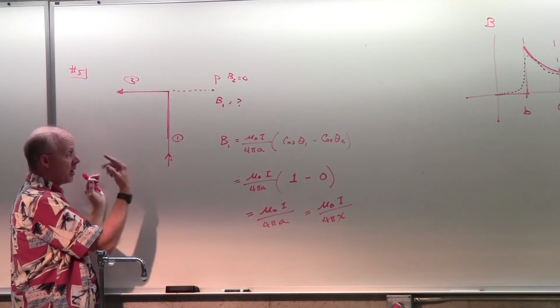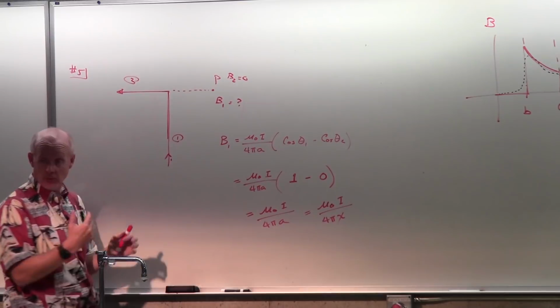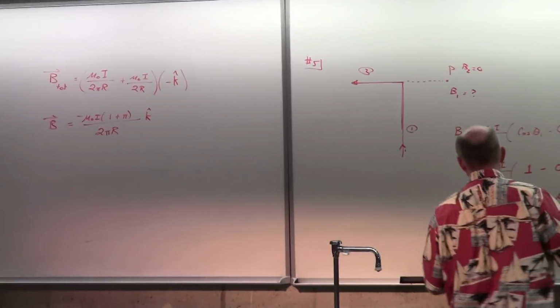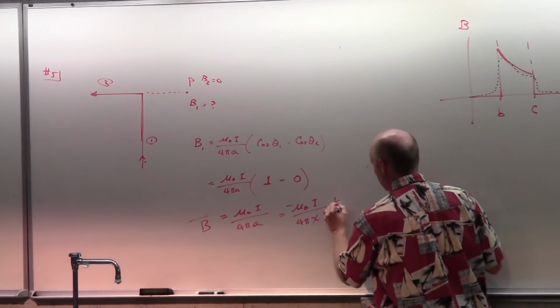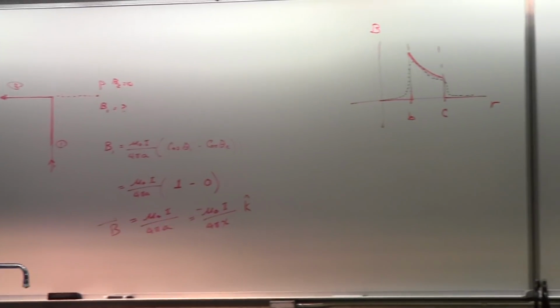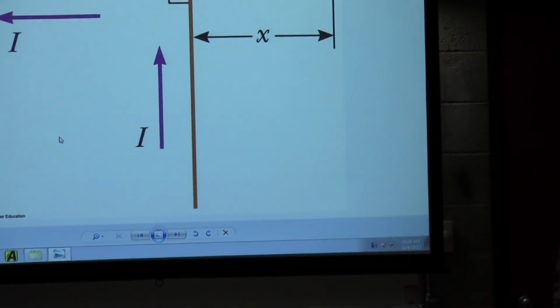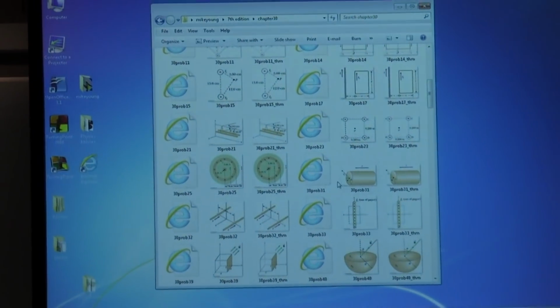Notice my fingers are looping around, so I would say that the field is into the board here also. So to make it complete and call it a vector, it is in the negative k hat direction. And so there's my magnetic field from that one.